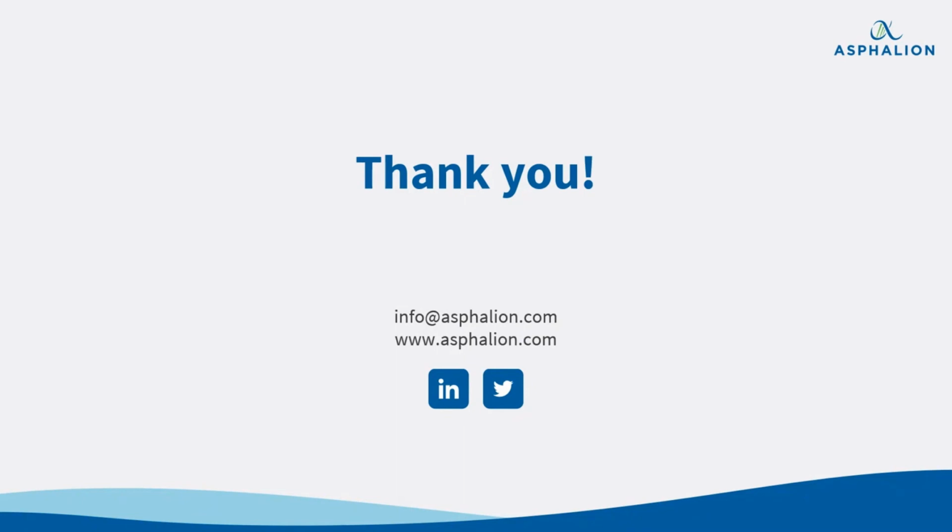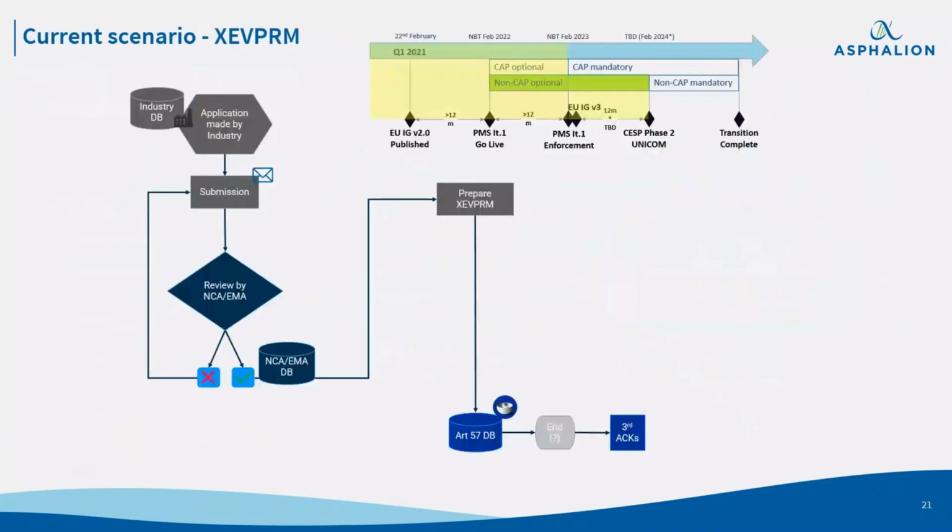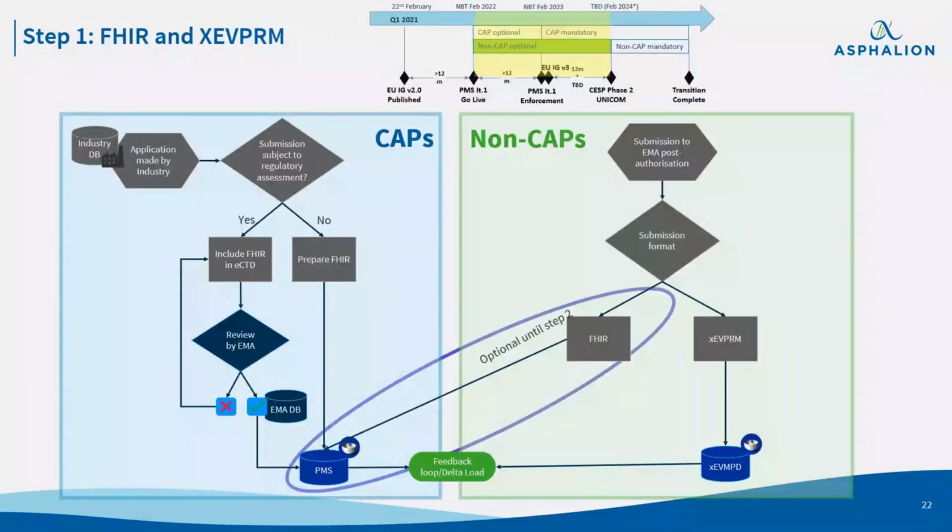I have a question. When you talk about, Ramon, in that decision tree, when we generate the FIR and when we do not, and it depends on if the variation or the change we make is something that requires assessment or does not require assessment.